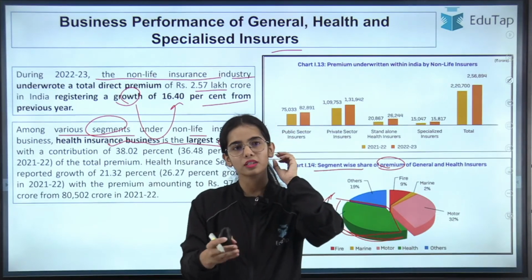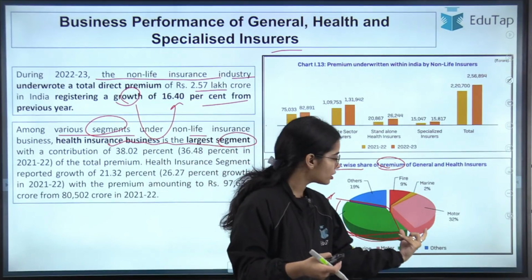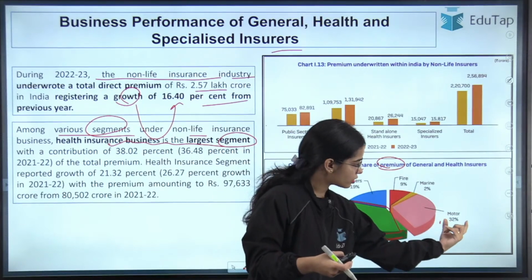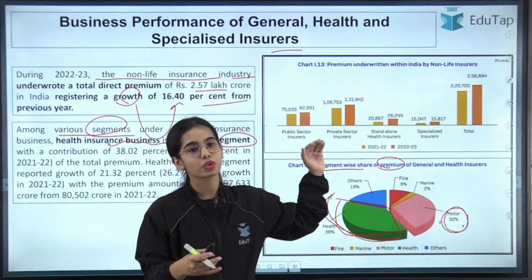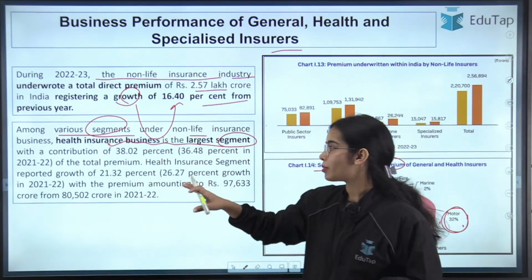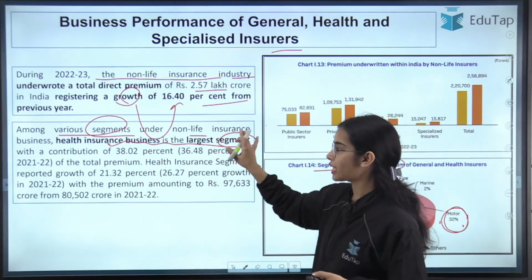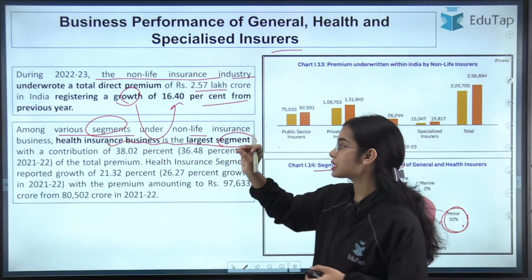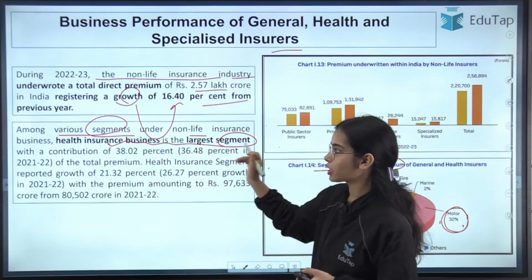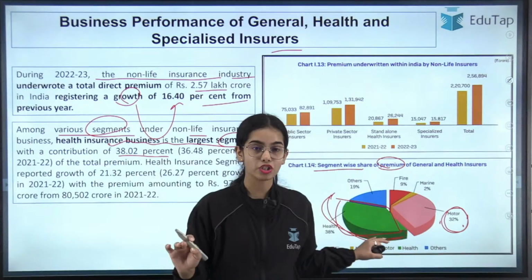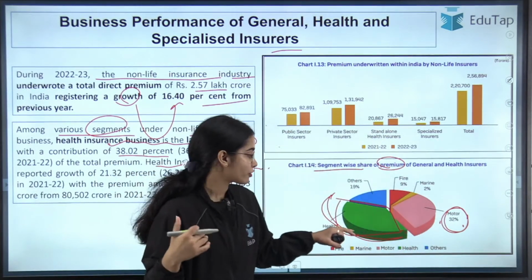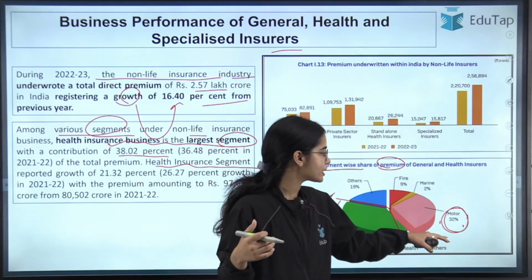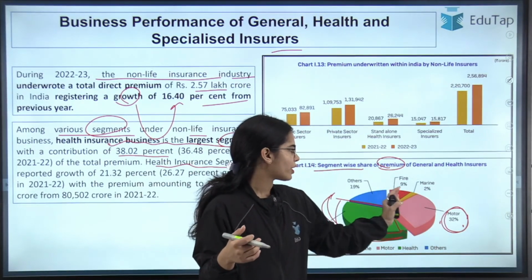So motor vehicle insurance premiums are also very large, and they are the second largest. Health insurance is the largest segment with a contribution of 38%. After the health insurance segment there is the motor insurance segment, and then fire, other and such.